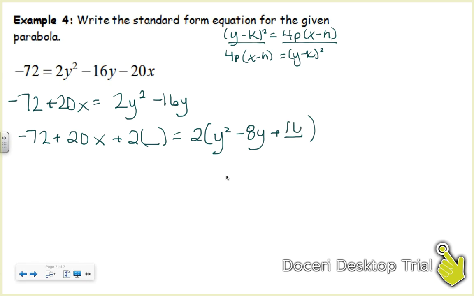Squared is 16. Negative 72 plus 20x plus 32. I can combine these two.